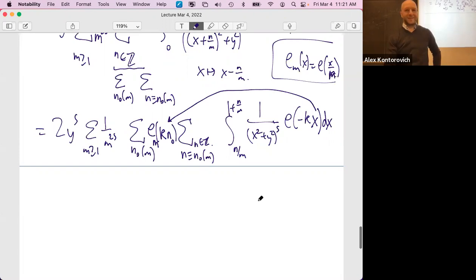You just follow the change of variables, and then you pulled out what was independent of the precise n. Bingo. It wasn't n, it was an e of kn over m.